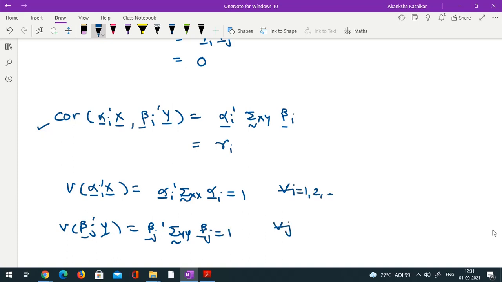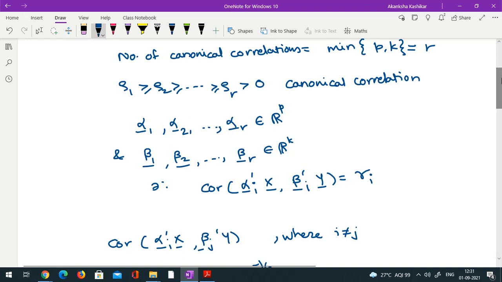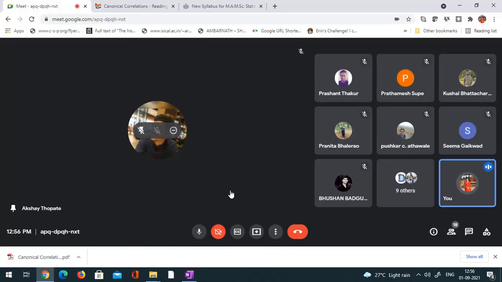I and j both going from 1 to r, because we'll have only r canonical variates, r pairs of canonical variates. Is it okay? So these are the properties of canonical variates. Any doubt in the derivation of canonical correlations and canonical variates, because here we would stop the mathematical part of it. Okay, let me stop here. Thank you.